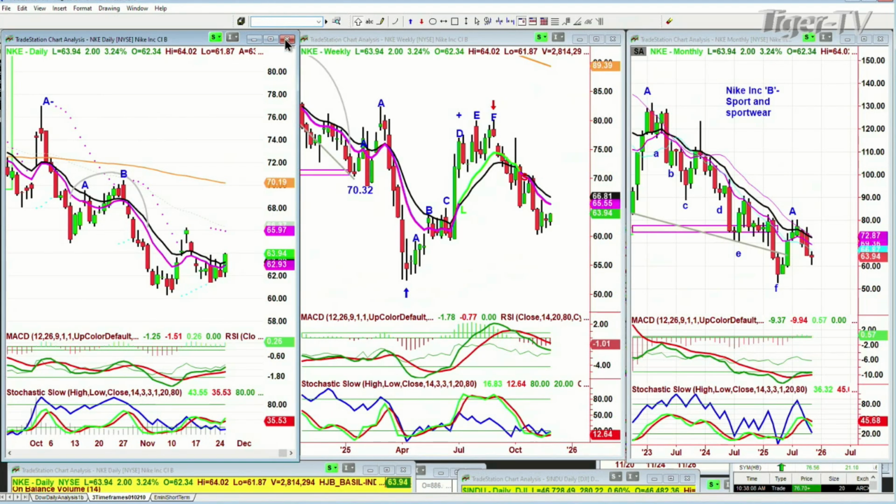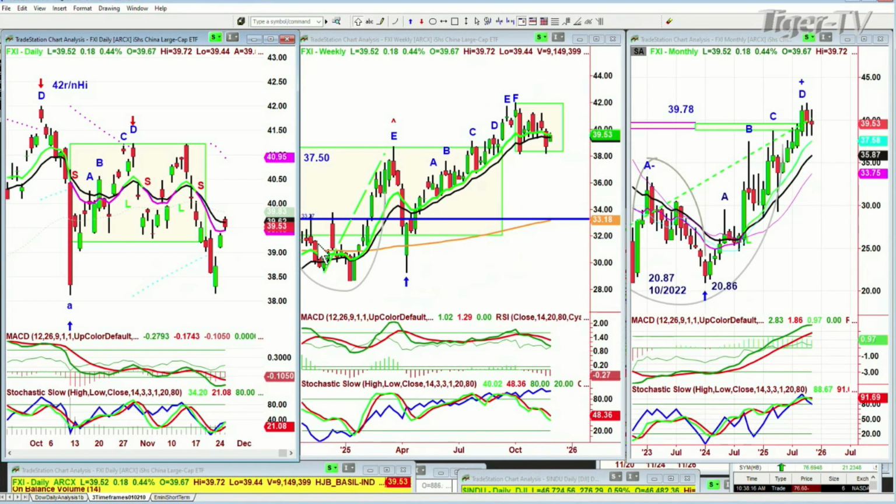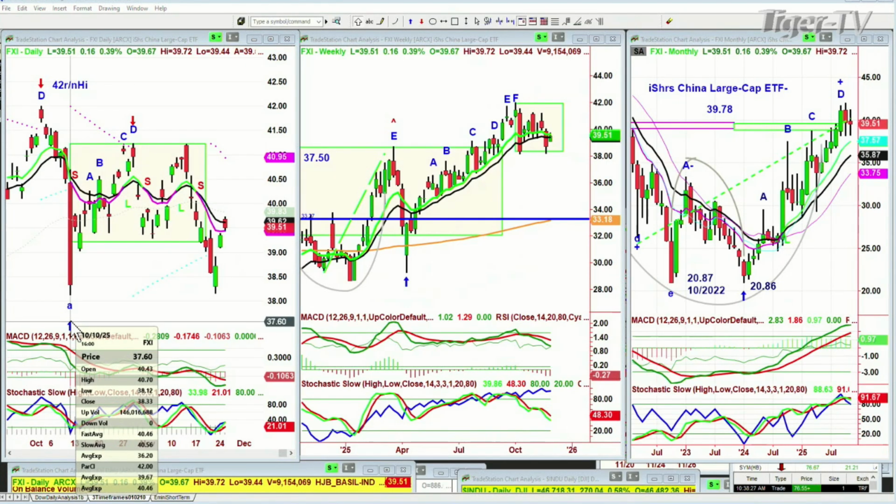I'm going to put it together with stocks that are also doing the same sort of thing. Look, this has the same rectangle formation going to lower lows. This is the iShares China Large Cap ETF. Nice. Remember we spoke about this bounce? It made a low, I should have typed it in, of 38.12 on the 10th of October.